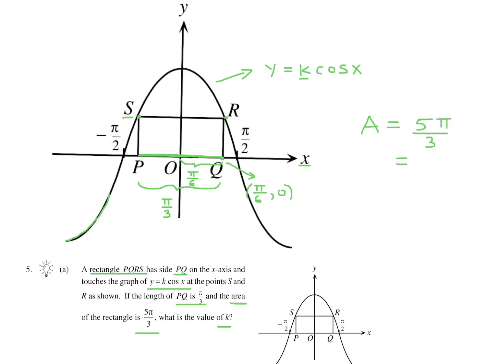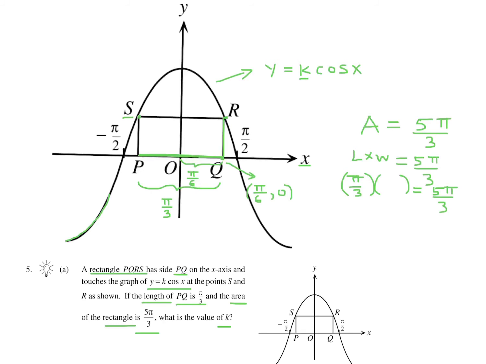And it's a rectangle, so remember the area of a rectangle is length times width. Now the length they already gave you. The length is pi over 3, so that helps. Now what's the width? The width is this distance right here from Q to R.